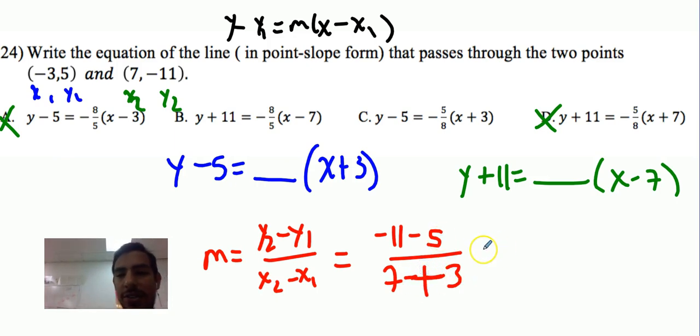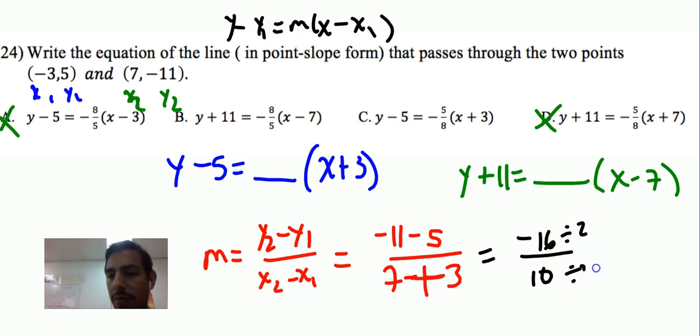And I'm not going to guess, I'm going to go ahead and plug this into my calculator. Negative 11 minus 5, that's negative 16 over 10. I can reduce that fraction because both numbers are even. So divide by 2, top and bottom, and I get negative 8 over 5. That means B is my answer.